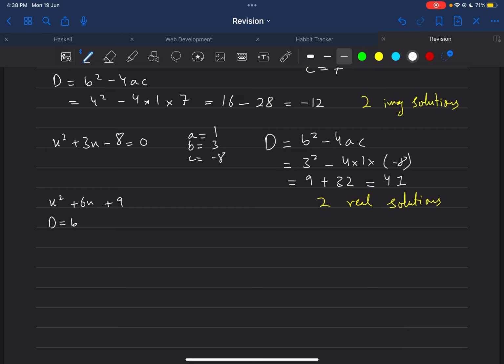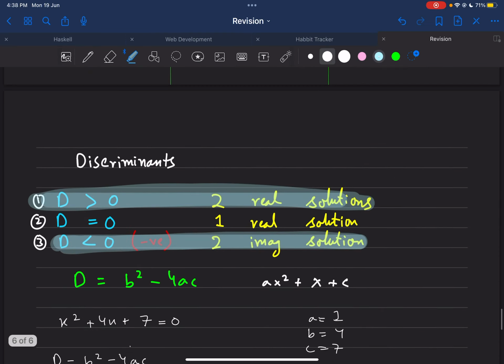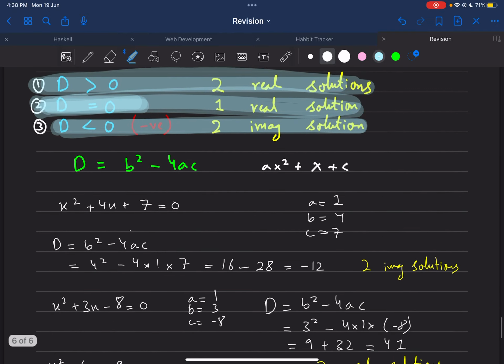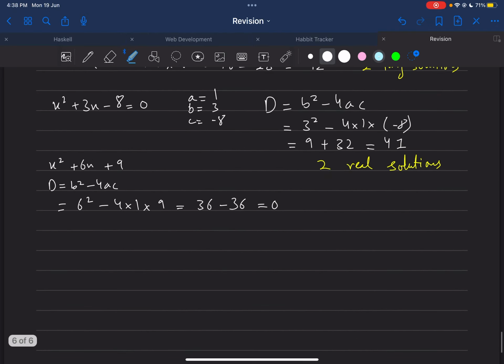D equals b squared minus 4ac to find the discriminant, equals 6 squared minus 4 times 1 times 9, which equals 36 minus 36, which equals 0. Okay. Now in this one, discriminant equals 0 is being true, which means it's only got one real solution.